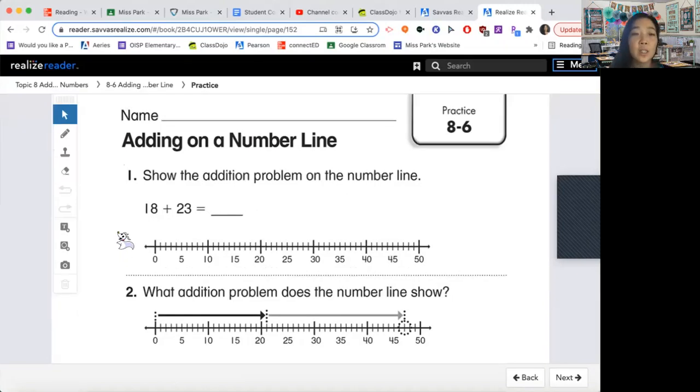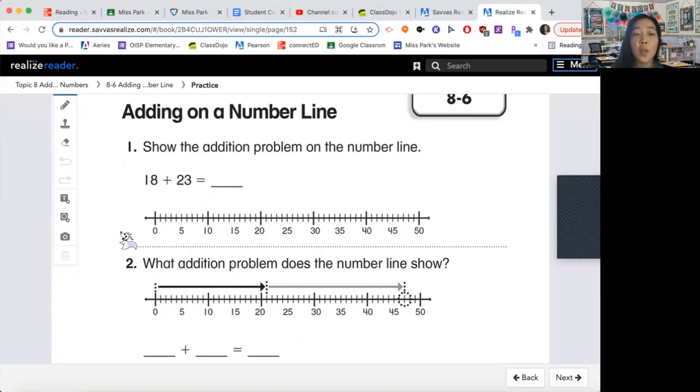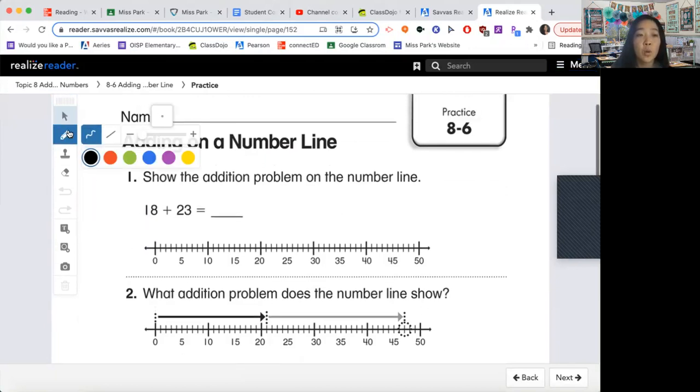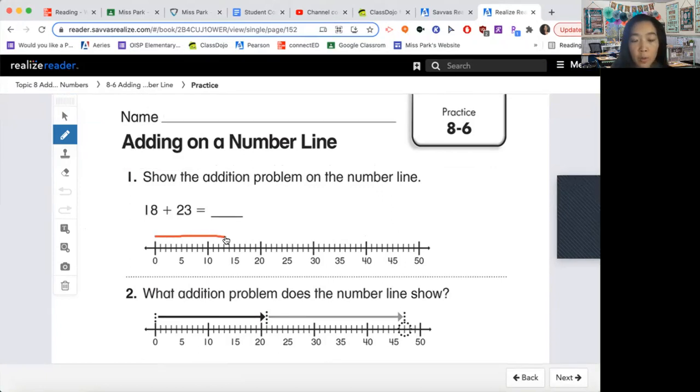Okay. 8-6, show the addition problem on the number line. So here we have 18 plus 23. What I'm going to do is first drag my line all the way till I get to 18. So here we have 15, 16, 17. Wait, 15, 16, 17.